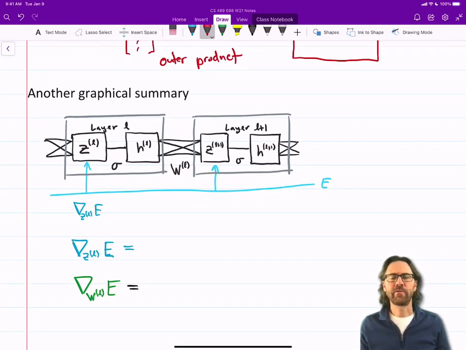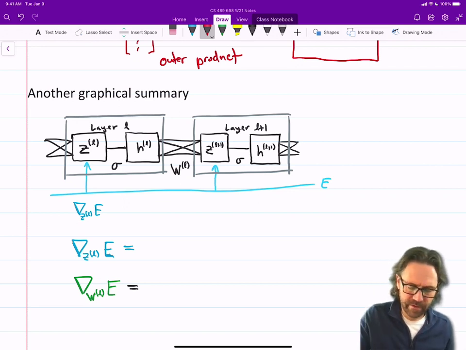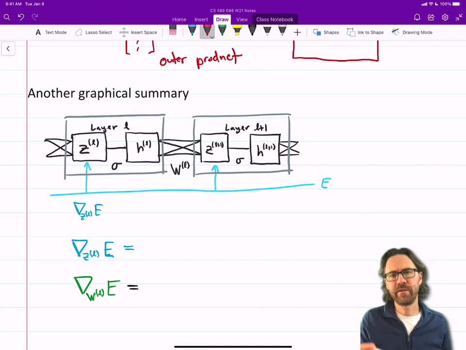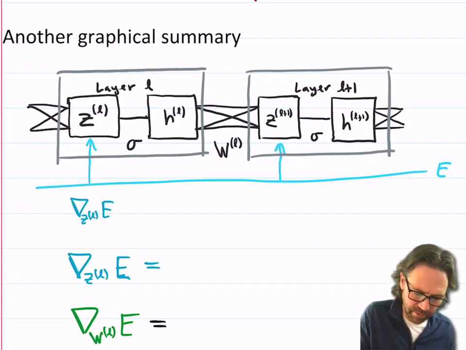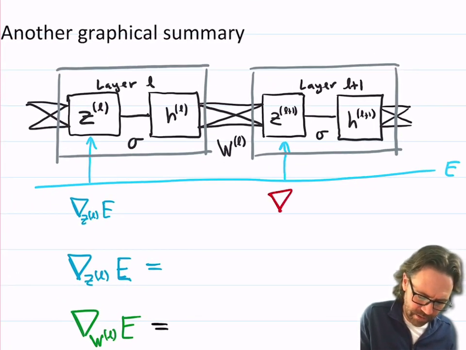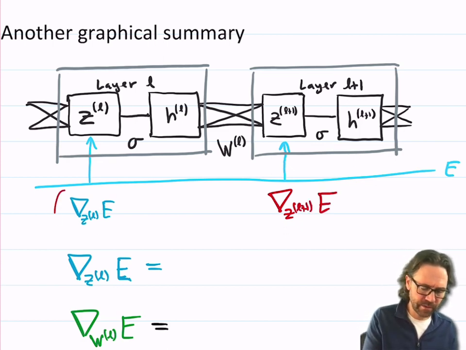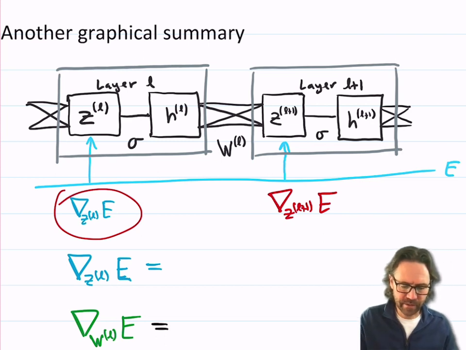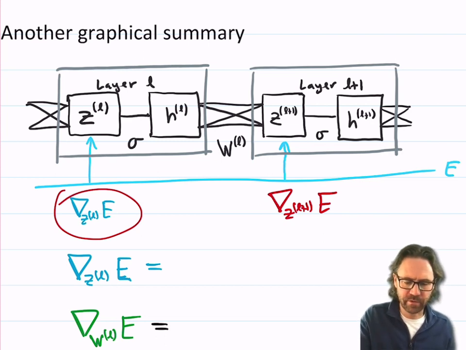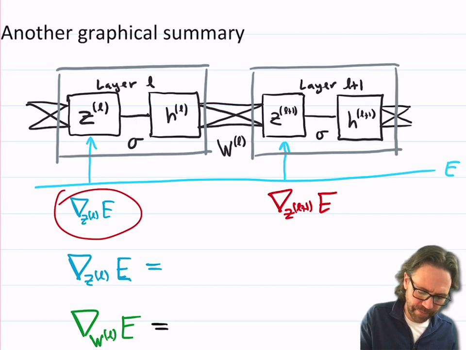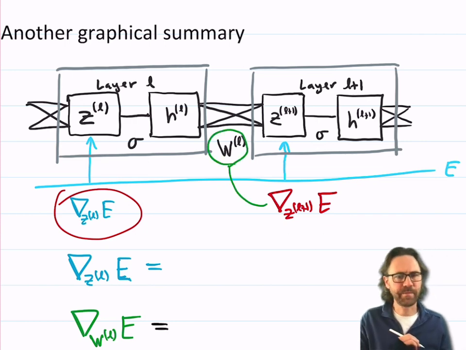Okay, so final graphical summary, it's just drawn a slightly different way. Again, let's assume that we have the gradient of the loss with respect to z_{L+1}. So suppose we've got the gradient with respect to z_{L+1} of E, and we want to compute this gradient down here, as well as we want to compute the derivative of the error with respect to those weights.